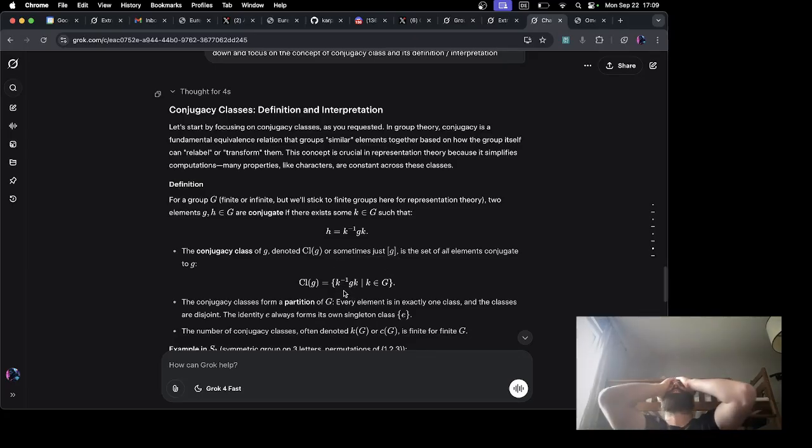Okay, yes. Now I see why this makes sense, because essentially you're looking at all the reachable elements of your group from that element, right?